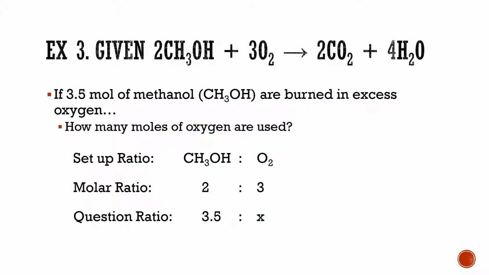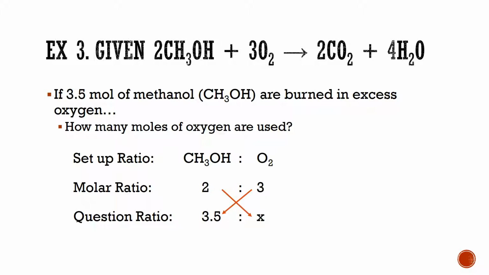And then I can figure out my question ratio. My question ratio here would be 3.5 moles of methanol to X moles of oxygen. So I'm trying to solve for X, and I can do so by cross multiplying. So 2 times X and 3 times 3.5.